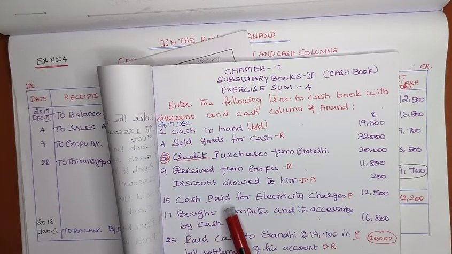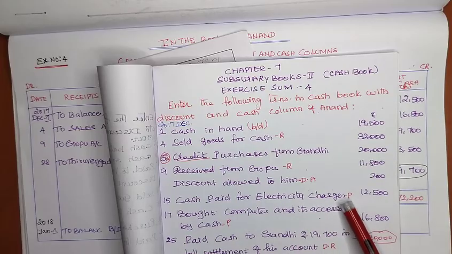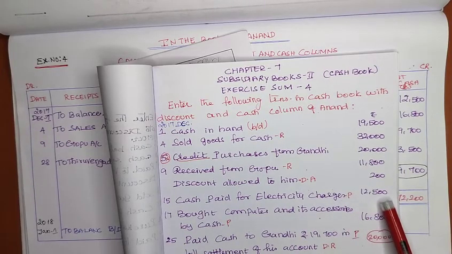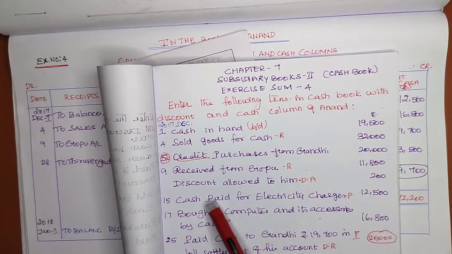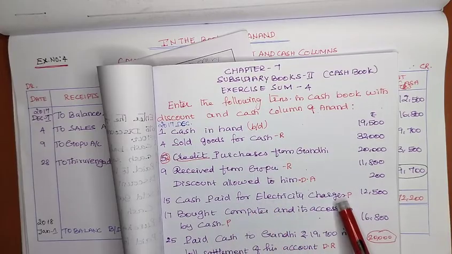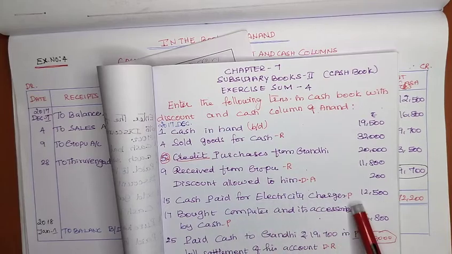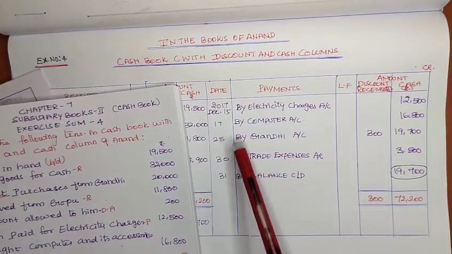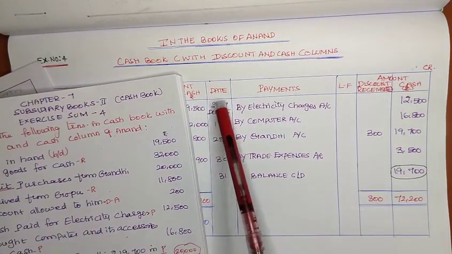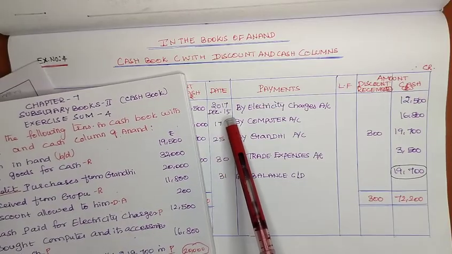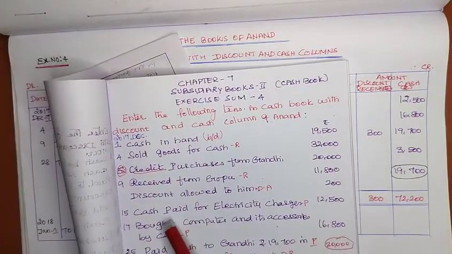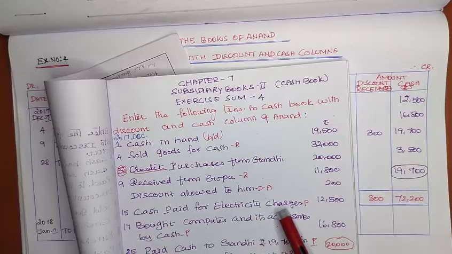December 15, cash paid for electricity charges 12,500. Listen here, paid means payment. You made a payment for electricity charges, so you go to the payment side. So 2017 December 15, for what purpose did you pay cash? For electricity charges.